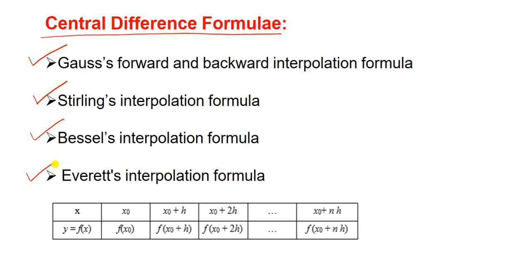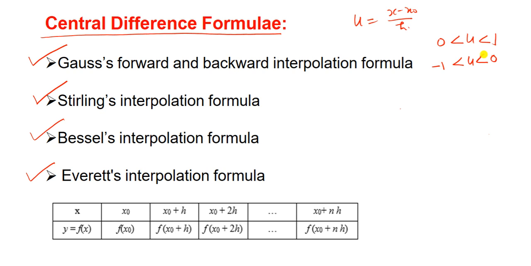So Gauss forward interpolation formula is applicable when u, that is u is equal to x minus x naught upon h, lies between 0 and 1, then we apply Gauss forward interpolation formula, and when u lies between -1 and 0, then we apply Gauss backward interpolation formula.